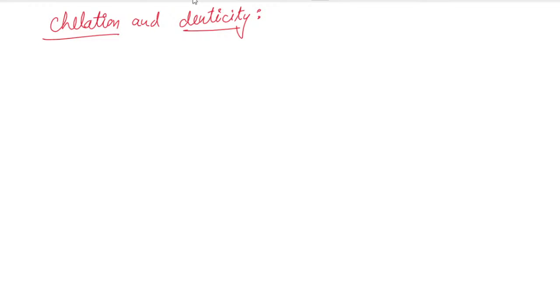What I said, see, we have ethylene diamine. Okay, so in ethylene diamine, if it is attached to a metal, let us say platinum. So in this complex, say these donor atoms are positioned in such a way that they form 1, 2, 3, 4, 5 membered ring.